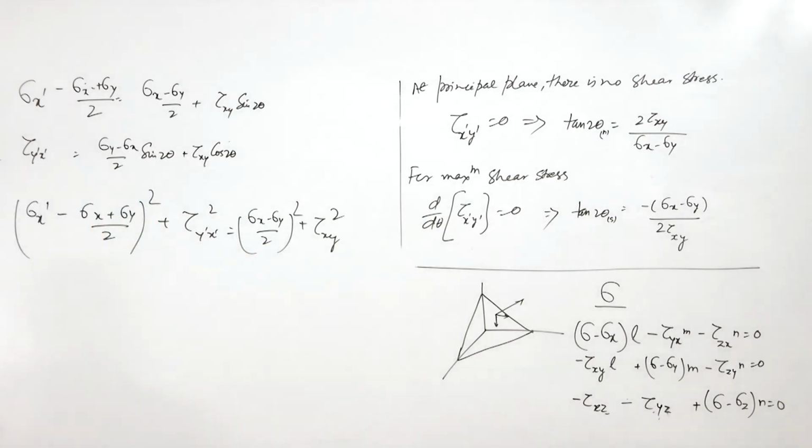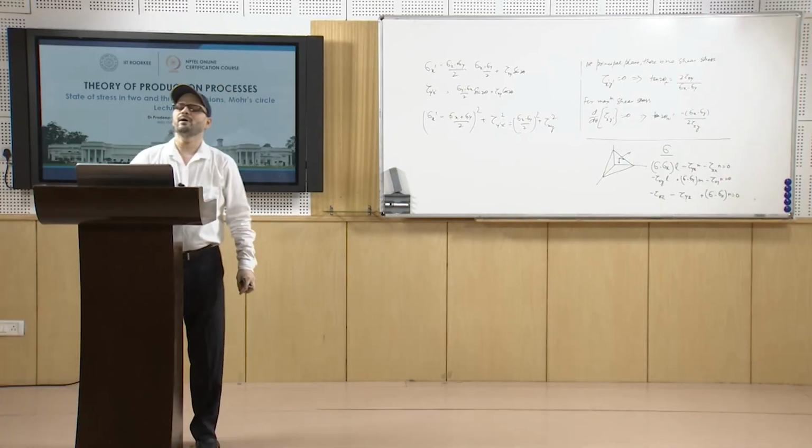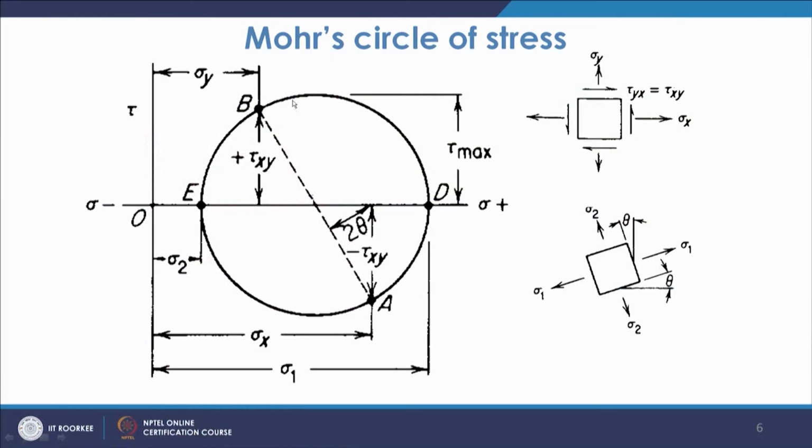Now that can be understood by looking at this Mohr circle, where you see sigma x and sigma y. The center will be at sigma x plus sigma y by 2 and 0.